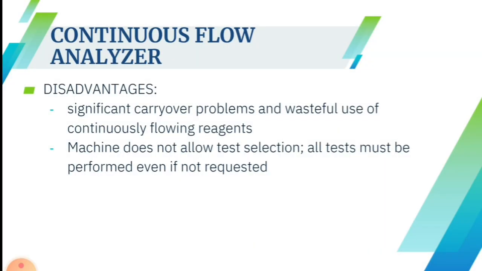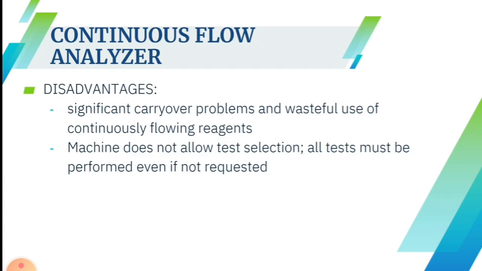So the major drawbacks that contributed to the eventual demise of traditional continuous flow analyzers in the marketplace were significant carryover problems and wasteful use of continuously flowing reagents. Technicon's, which is now Siemens, answer to these problems was a non-continuous flow discrete analyzer, the RA1000, using random access fluid or a hydrofluorocarbon liquid to reduce surface tension between samples or reagents and their tubing, thereby reducing carryover.